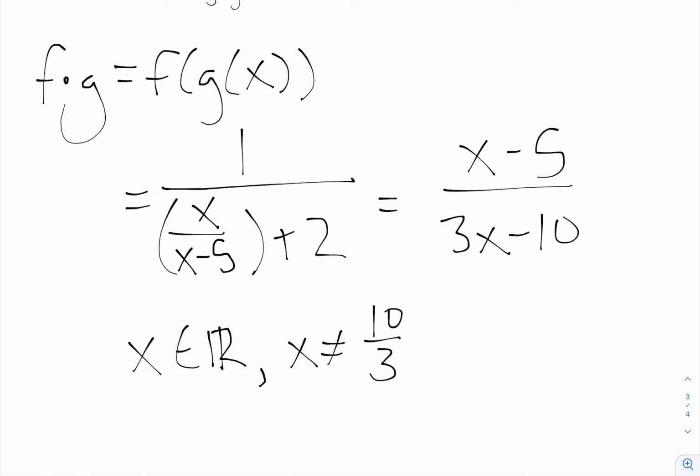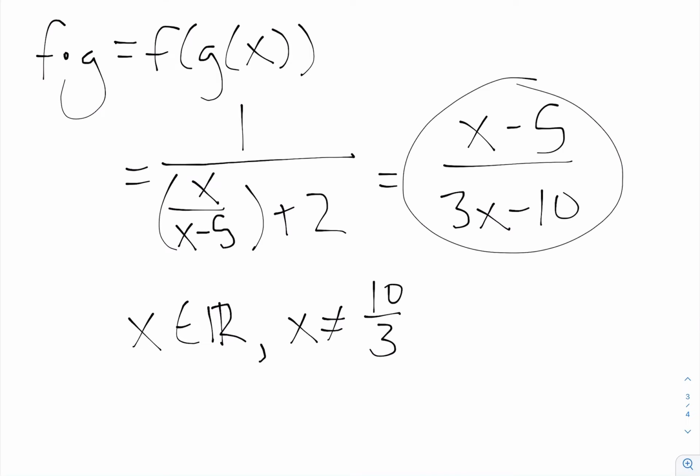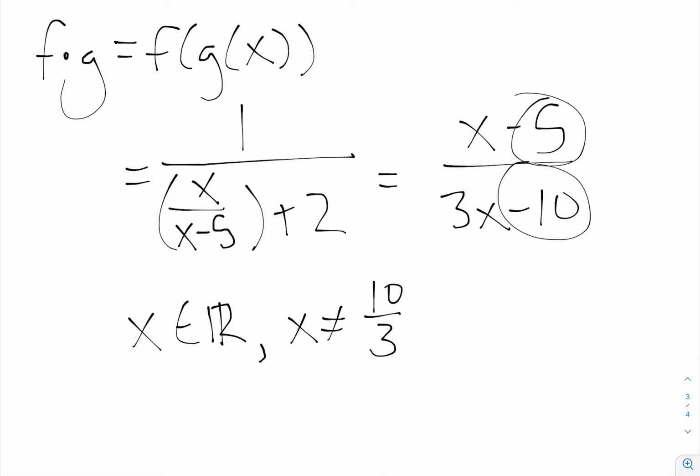And the range, let's think about the range here. Because this part right here is an x, and this is a 3x, as x gets really big or really small, this will approach x over 3x, because these other terms will become inconsequential.